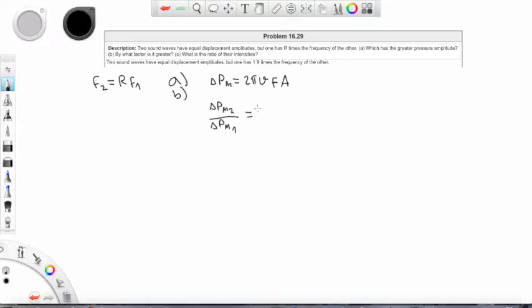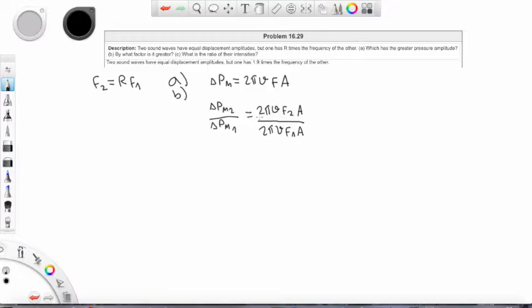So PM2 is 2 pi V F2 times A divided by 2 pi V F1 times A. See that the only difference between these two sound waves is that they have different frequencies. Their displacement amplitudes are the same, and so is the velocity of the sound in the medium.